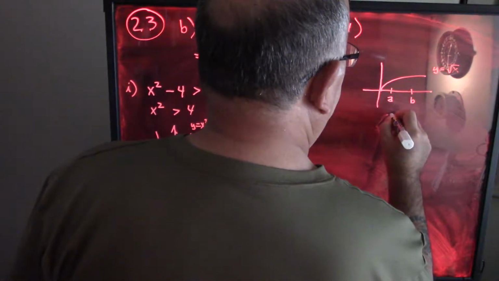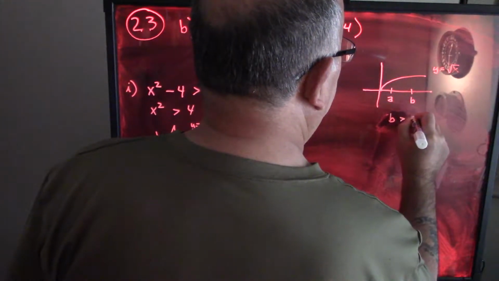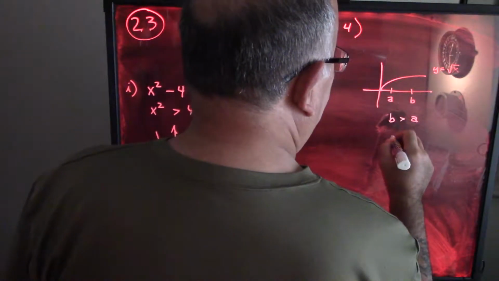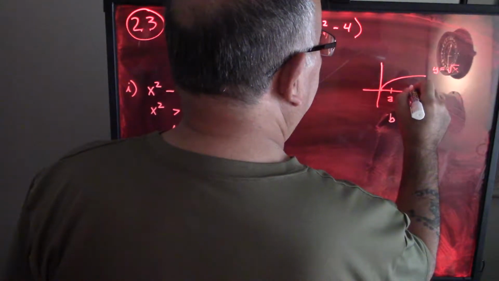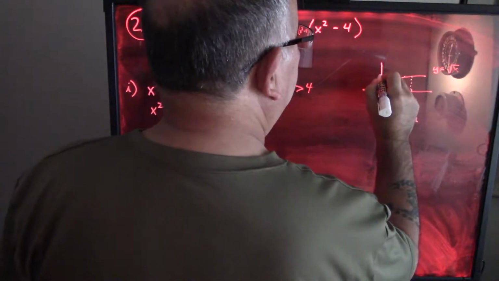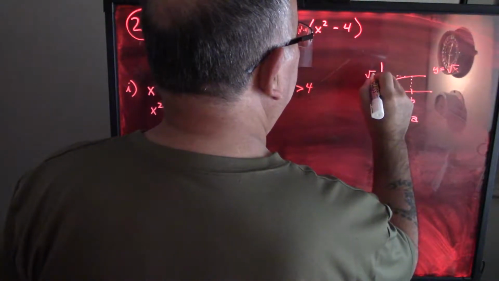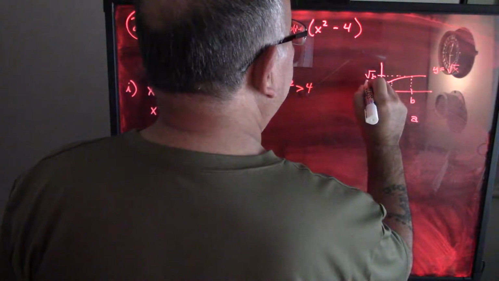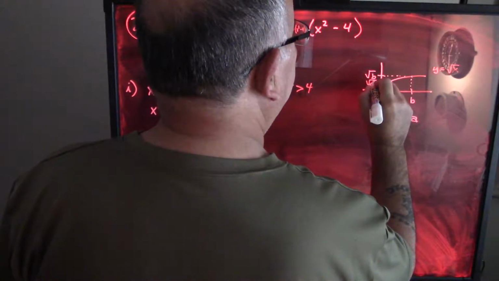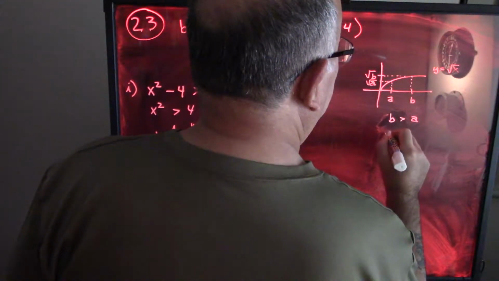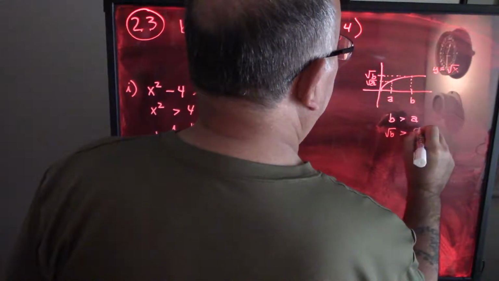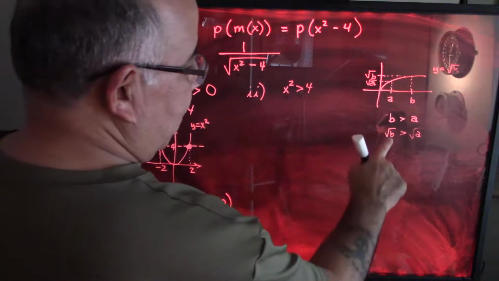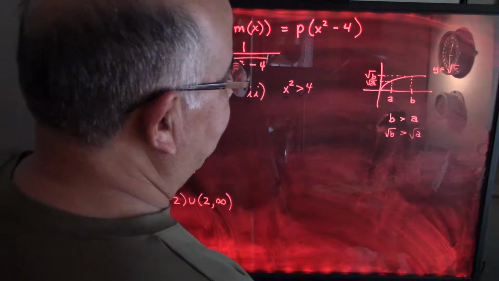So if we have b greater than a, which is the way I drew it, then the square root of b right there is going to be greater than the square root of a, right there. So if b is greater than a, the square root of b will be greater than the square root of a.